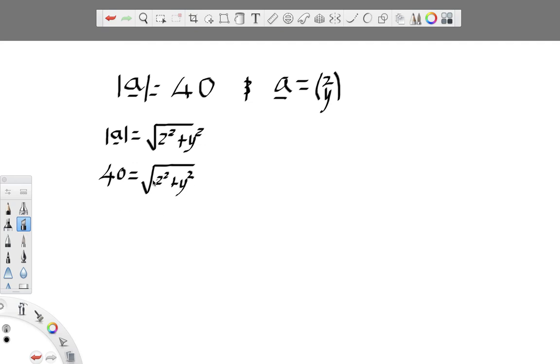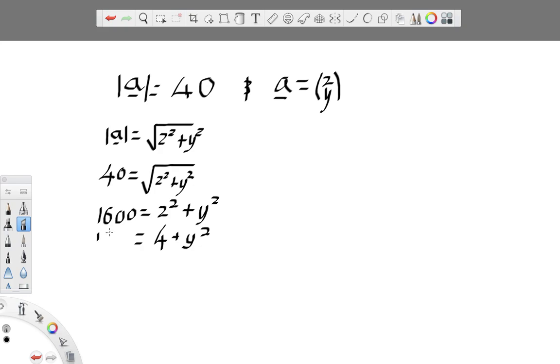Well, how do we undo this? We've got to square both sides, so 40 squared, well that is 1,600. So 1,600. That's equal to 2 squared plus Y squared. We can work 2 squared out because that's 4. So it's 4 plus Y squared.